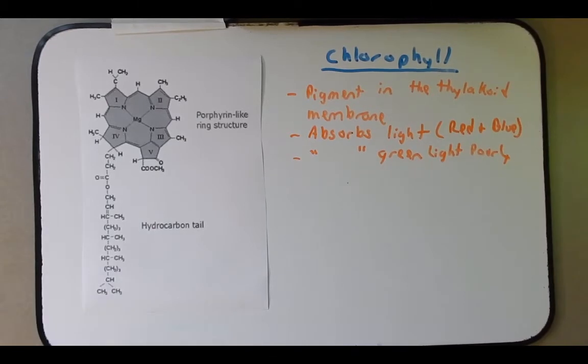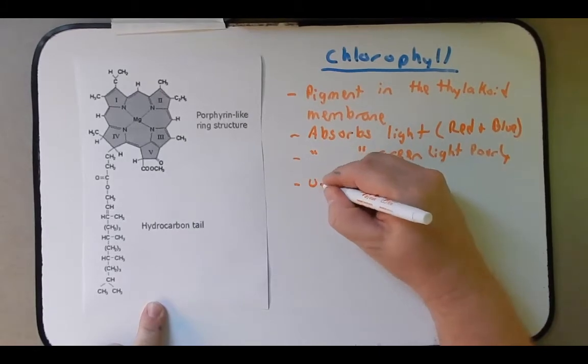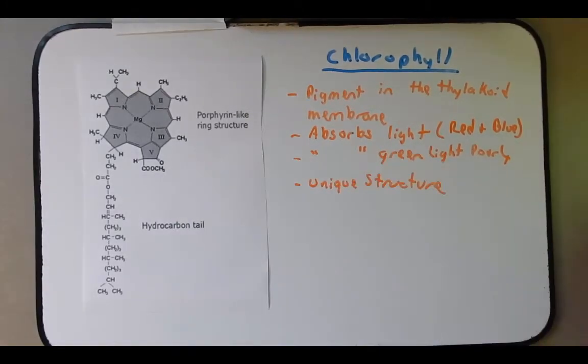So it's reflected off, and that's why most plants, or photosynthetic organisms, when we see them, are green. Now chlorophyll, as you see in this picture here, has a unique structure. And this unique structure is what helps it absorb light and, more importantly, absorb energy that's going to be used in the various photosystems during photosynthesis stage 1.